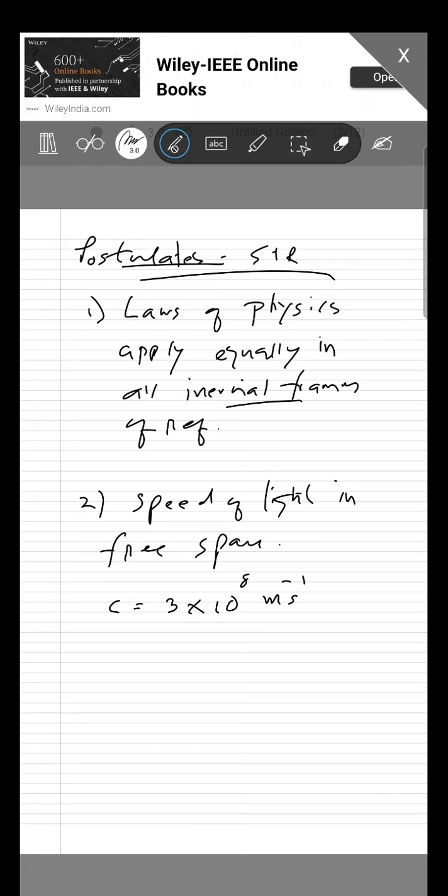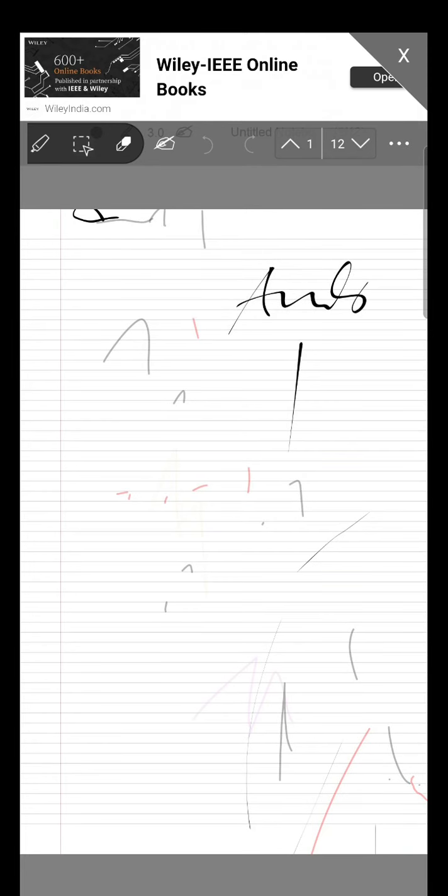Now if the velocity is approximately close to c, then we have the following transformations which are called Lorentz transformations.